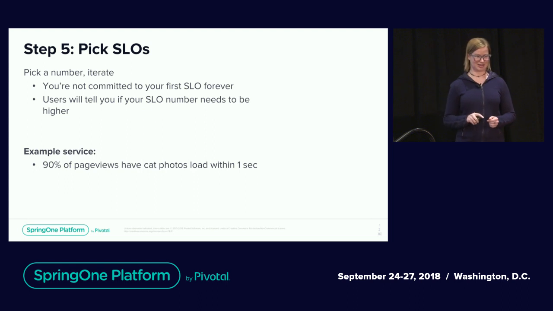One caveat that I'll add here is that if you pick a really high number to start with, your users are unlikely to call you and say, this system is too responsive, it's too available, I don't like it. So my advice, and what I'm doing with my cat photo site here, is to pick a pretty low number to start with. People will definitely tell you if your thing is not working as well as they expect.